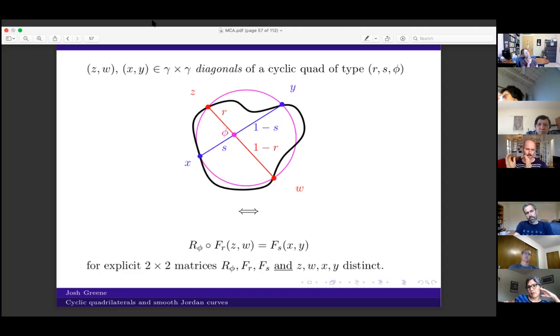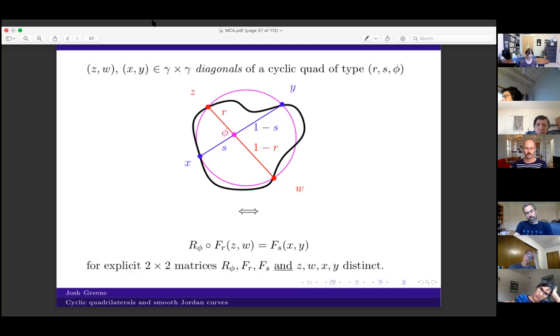On the other hand, I can start with gamma cross gamma and apply this linear transformation Fs to it, and I'm going to get another torus in C2. What I'm saying is that the intersection points between these two tori parameterize the cyclic quads that we're trying to find in our Jordan curve, along with one degenerate cyclic quad for each point on the curve.